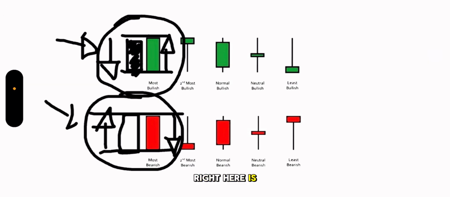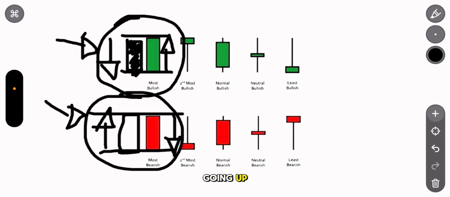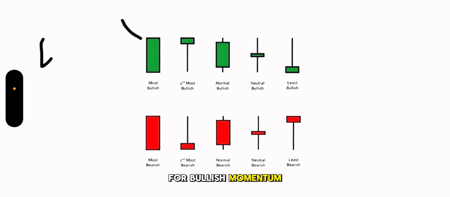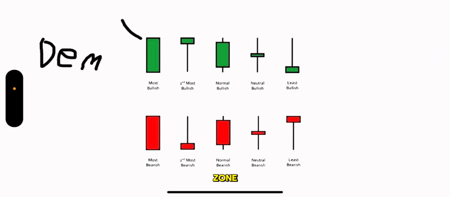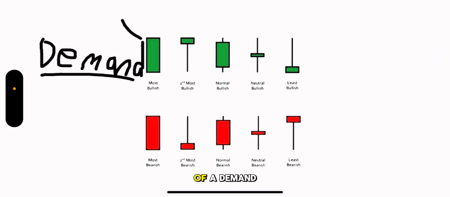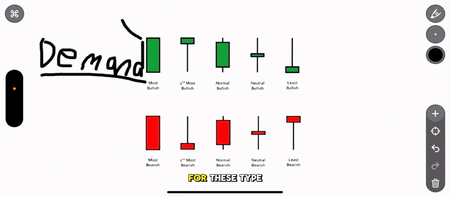Right here is saying price was going up and the next candle reversed and now price is pushing down. So that's for the first candle, right? You want to look for bullish momentum of a demand zone. Of a demand zone, you want to look for these type of candles, right?